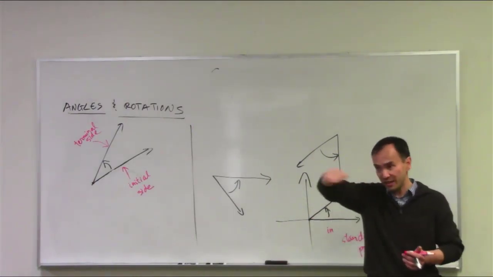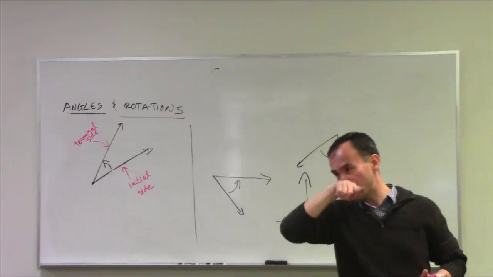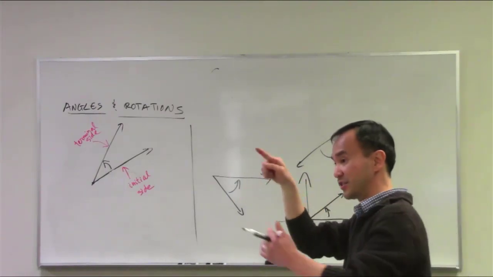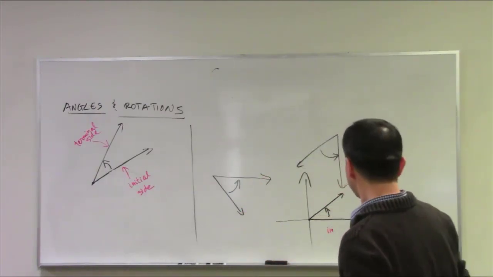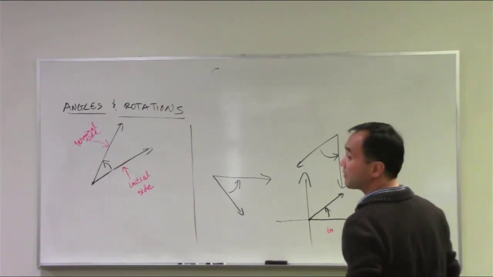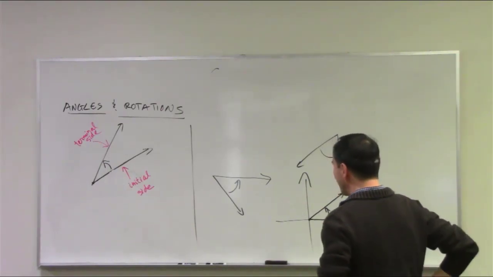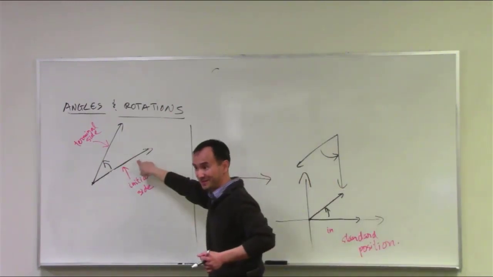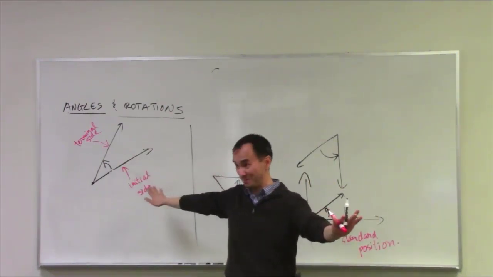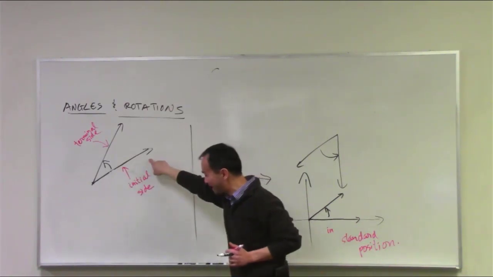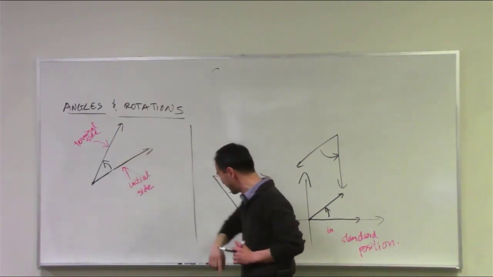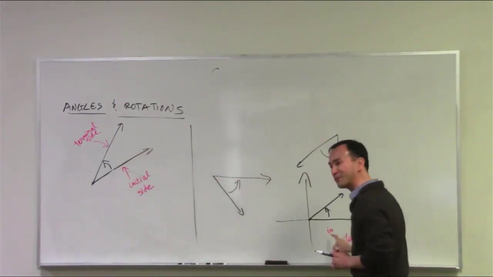We put the initial side on the positive x-axis, and the terminal sides rotate away from that positive x-axis. There are not too many times that we work with an angle in non-standard position like these cases. I'm not saying there are absolutely no times, but most of the time we stay with standard position.